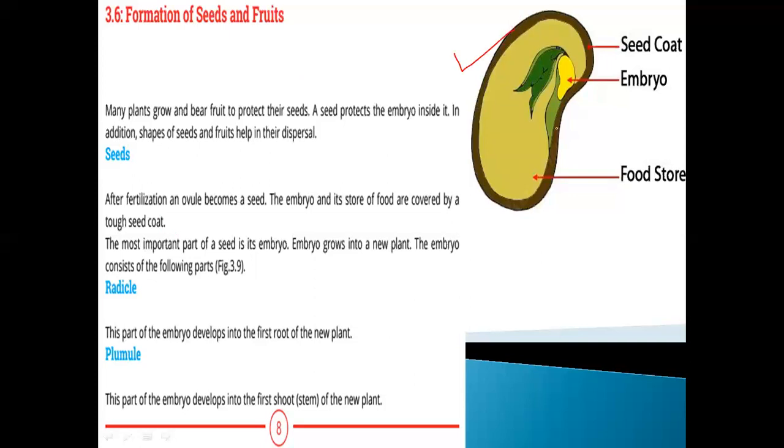And this seed is actually an ovule. If you see this structure, this is an ovary. And in the ovary, there are so many ovules. All the ovules can be one only. So this is one ovule.